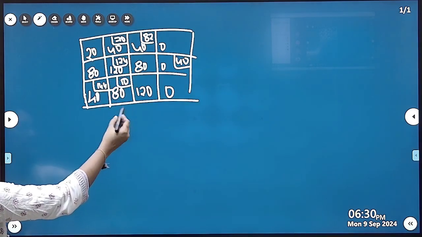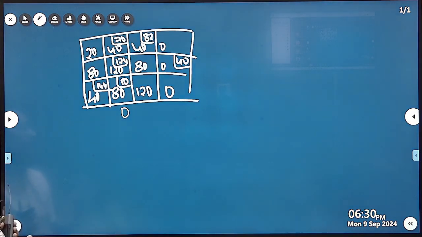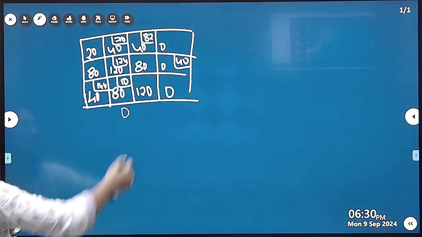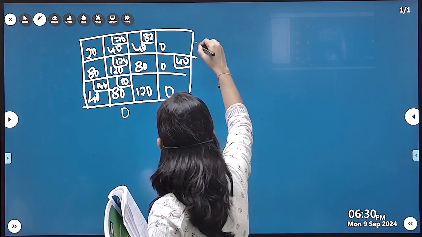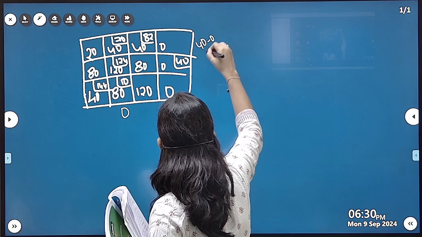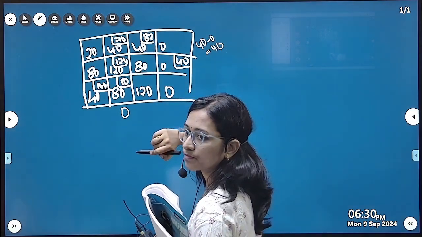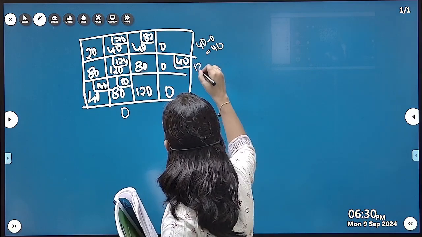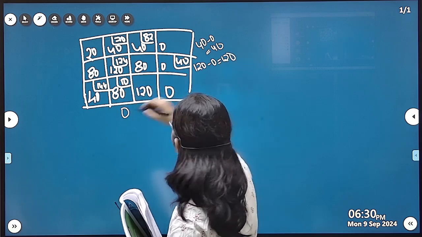We will take this one as 0 because it has many occupied cells, so we'll get the answer very soon. So we made this column 0. Now tell me, 40 minus 0 is equal to 40, right? 40 minus 0, next 120 minus 0, and next 80 minus 0.